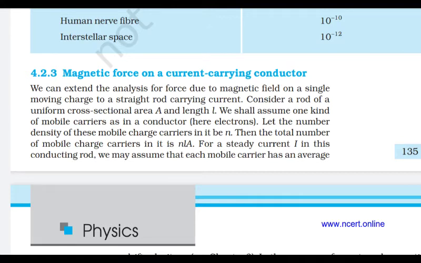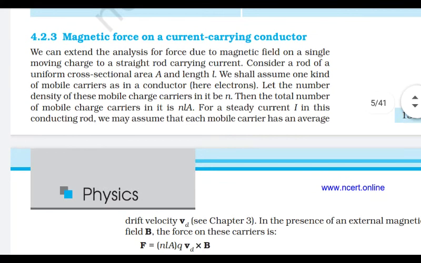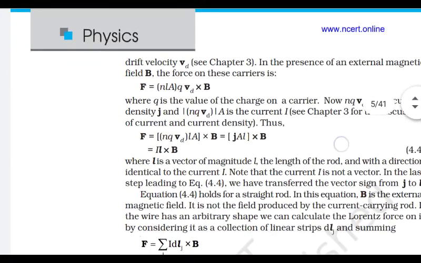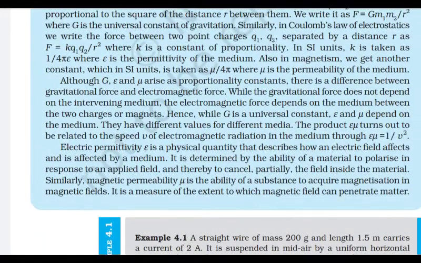If a cork screw is turned so that it advances in the direction of current along the wire, then the direction in which the thumb rotates is the direction of magnetic lines of force.